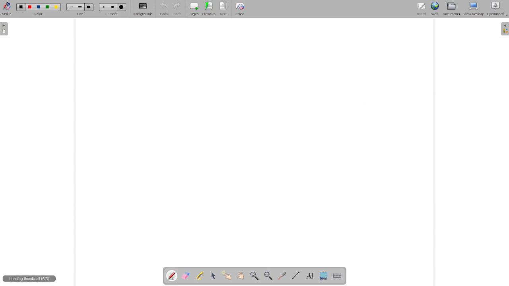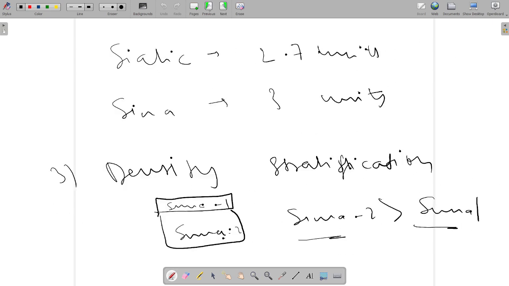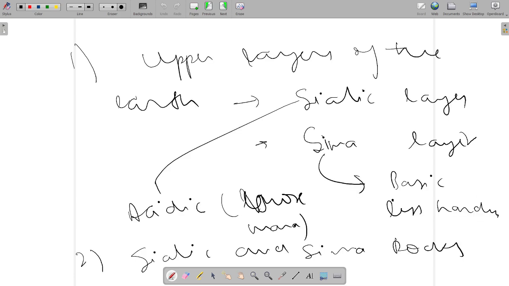तो देखते हैं कि जॉली इन फैक्ट्स को... आप एक बार देख लीजिए फिर से, और using this we will now understand the theory of Joly. तो इन फैक्ट्स में क्या है कि there are two upper layers of the earth, Sialic layer and Sima layer.